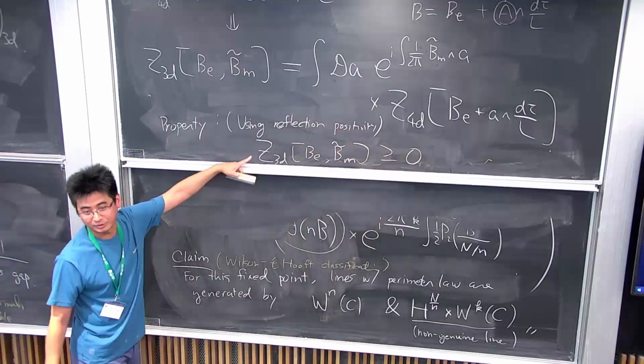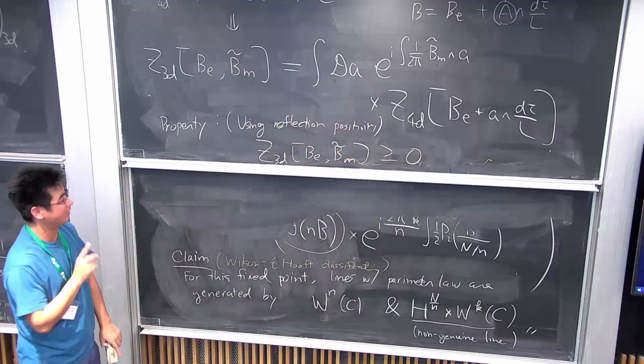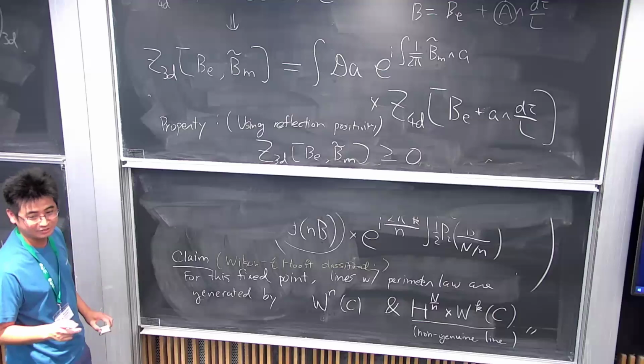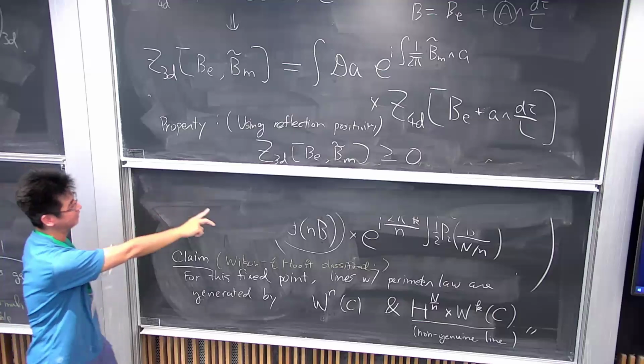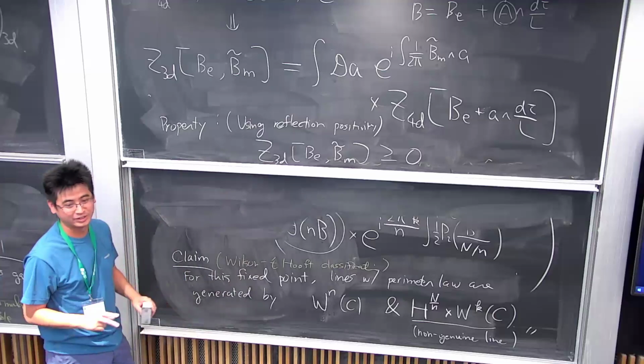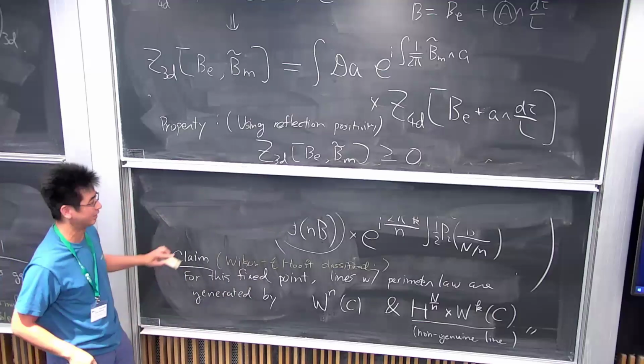And because of this positive definiteness, your question of whether a mixed anomaly between these two exists or not, the answer is no. So there is no mixed anomaly between them.